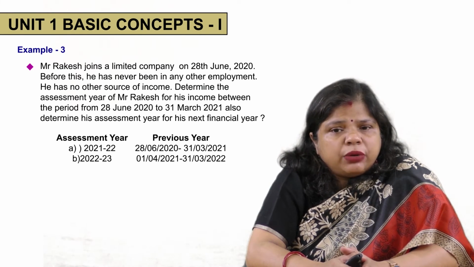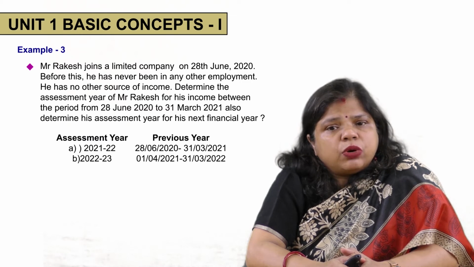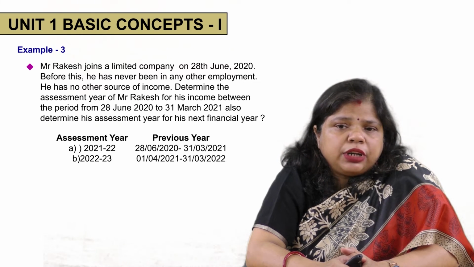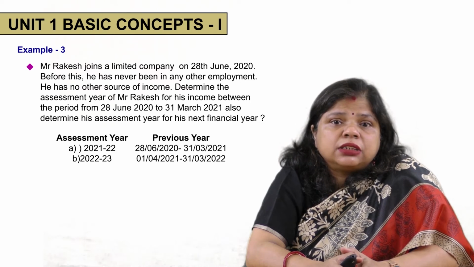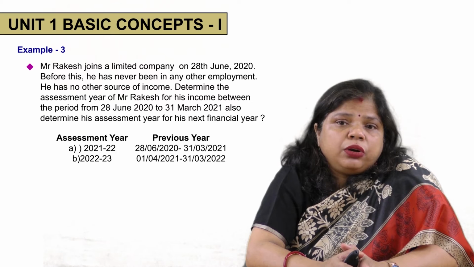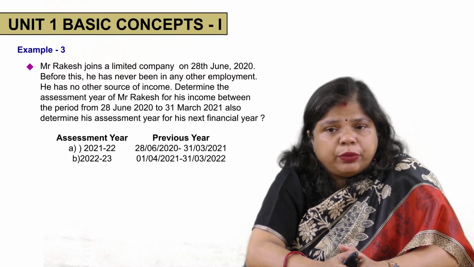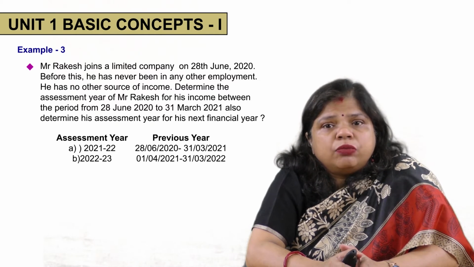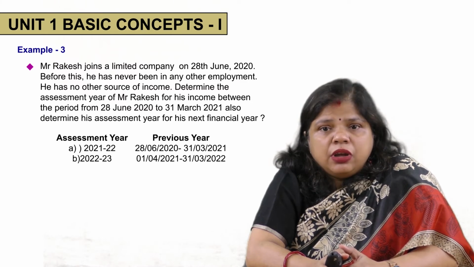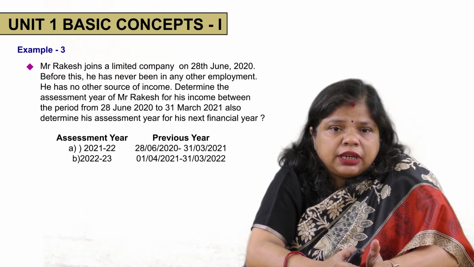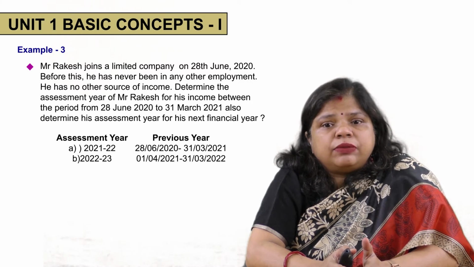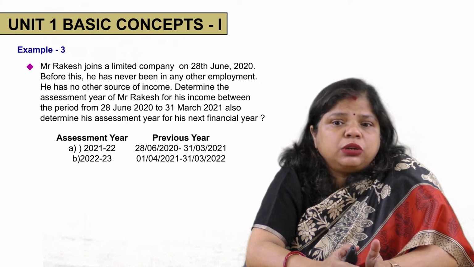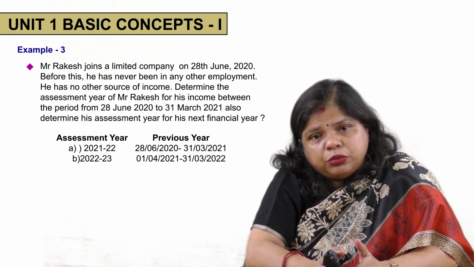For assessment year 21-22, his previous year was 28 June 2020 to 31st March 2021 because Mr. X joined the company on 28th June 2020. For next assessment year, meaning 2022-23, the previous year will be 1st April 21 to 31st March 2022.